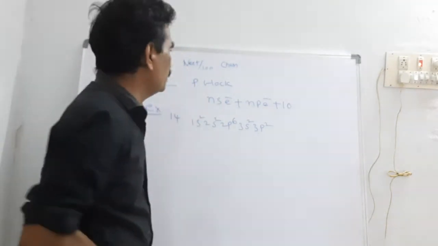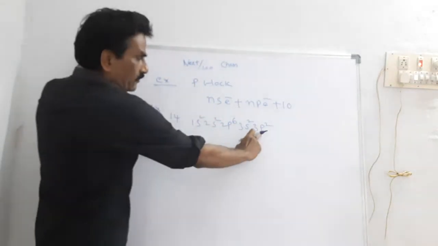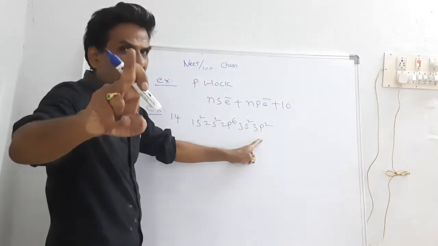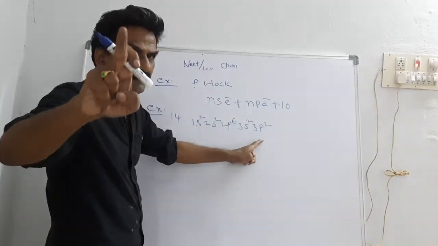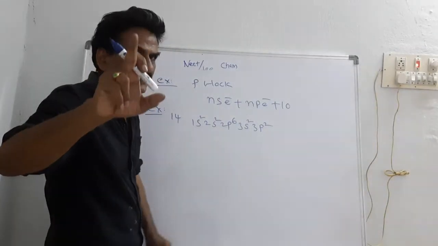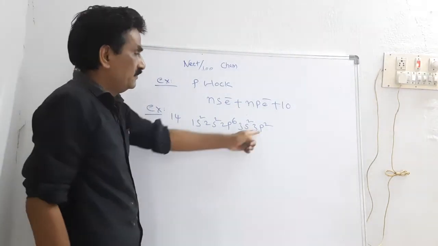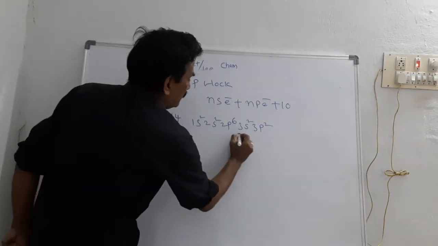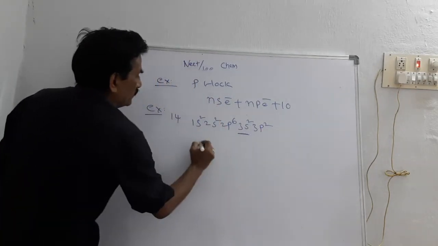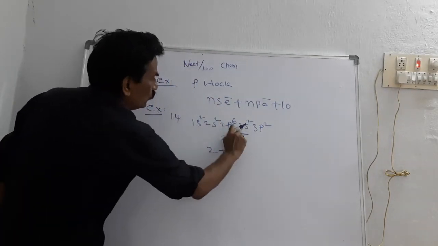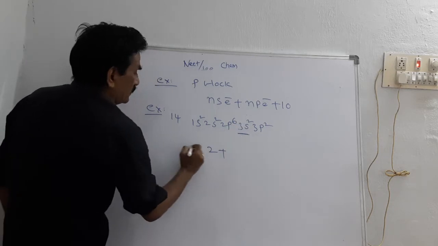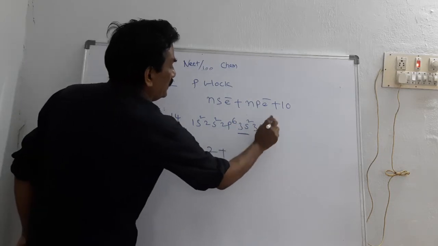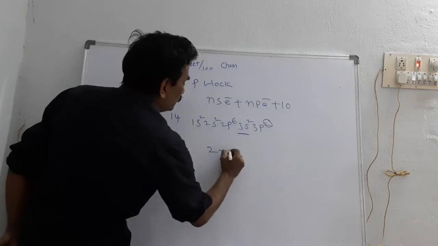If it is a p block, the differentiating electron enters the p orbital. ns electrons, how many? 2. np electrons, how many? 2.